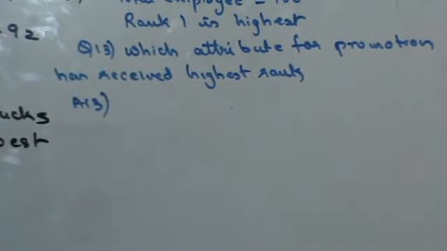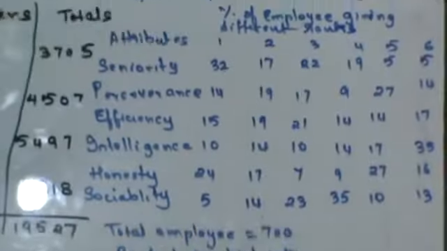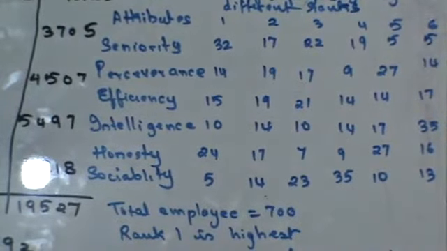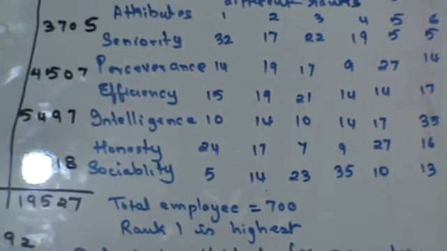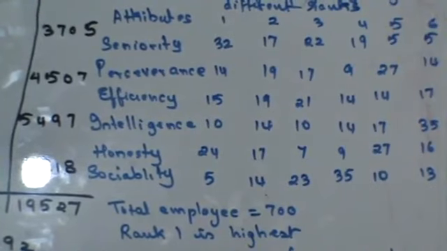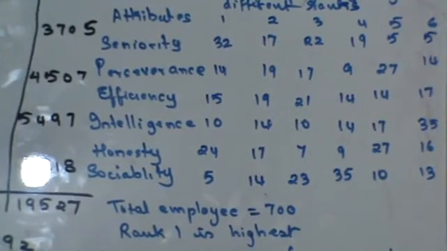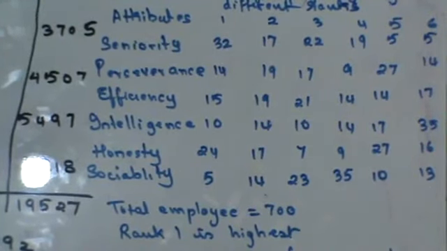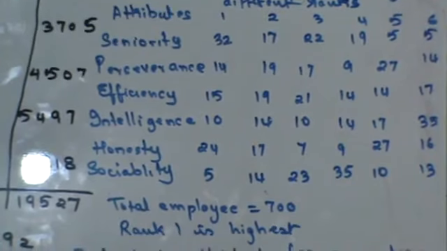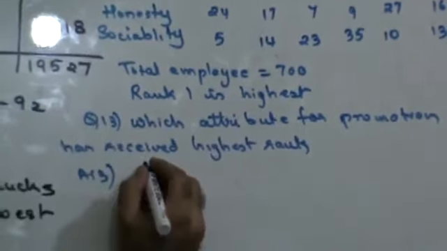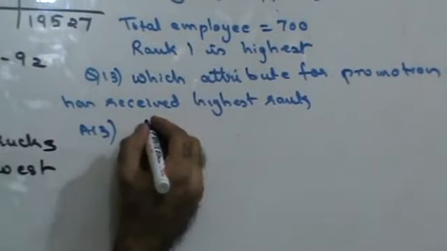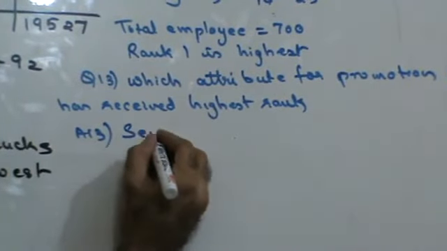Now, in rank 1, find out the maximum percentage. In rank 1, you will see that the maximum percentage has been given to seniority. Seniority is 32%. All the other attributes are less than 32%. So, which attribute has got highest percentage in rank 1? Seniority. Therefore, seniority is considered as the most important attribute for promotion.